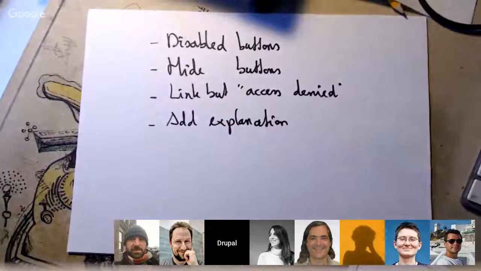Yeah, I was trying to figure out a message, something instead of disabling the buttons. Mm-hmm. Because that would override the core behavior on not showing any link to an access denied page.